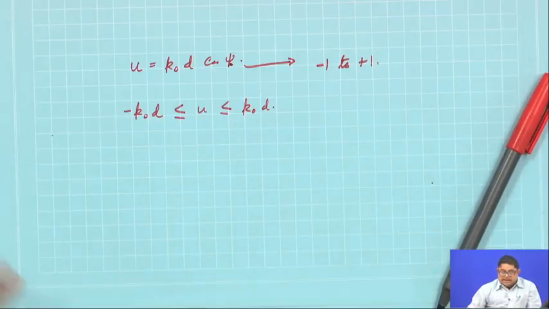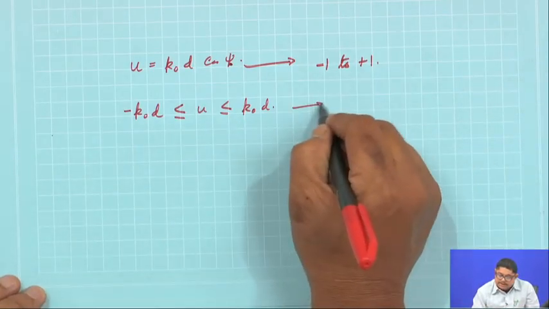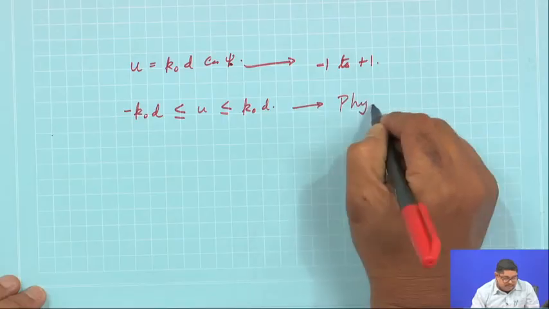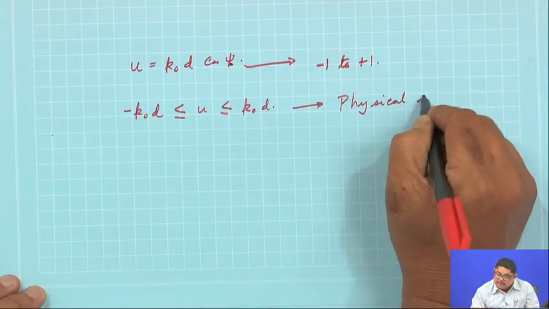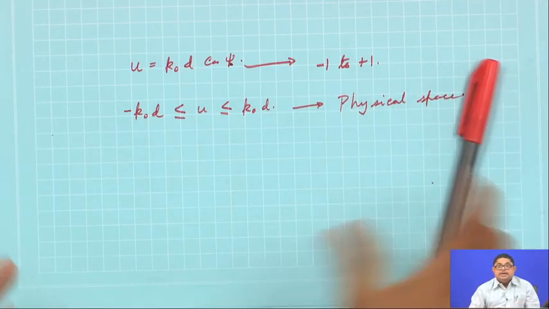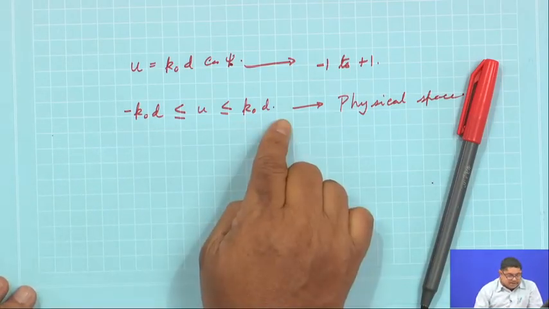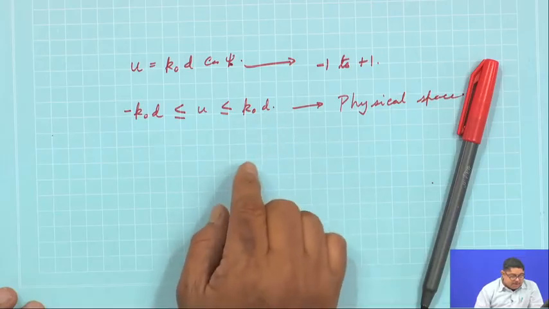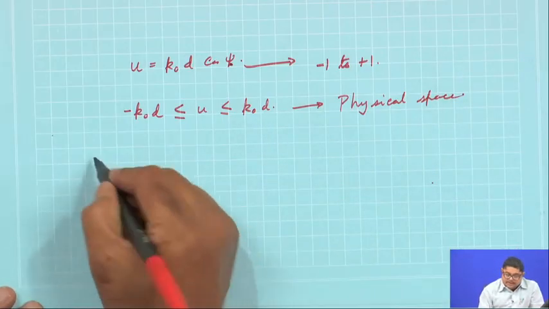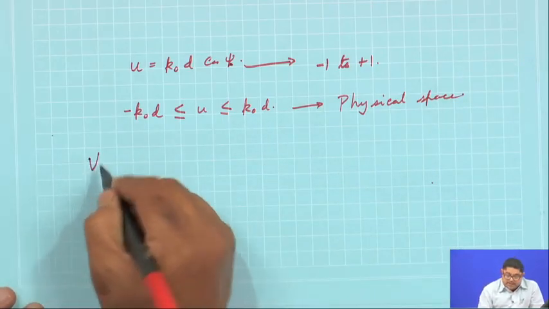So u has a physical value as long as it is in this range. The range of u corresponding to physical space is called the visible region.